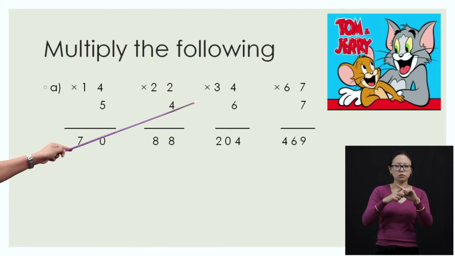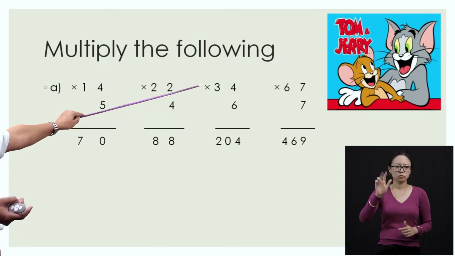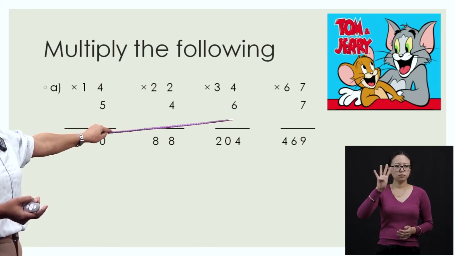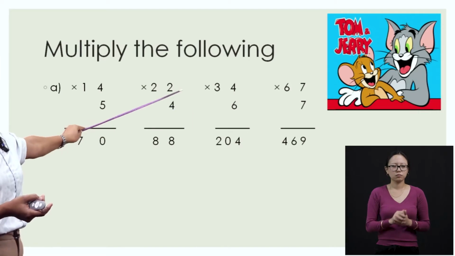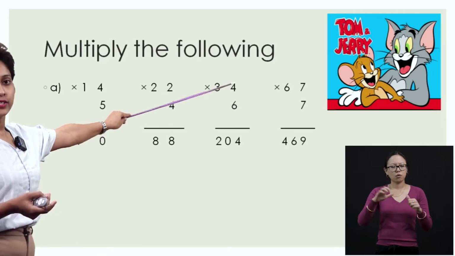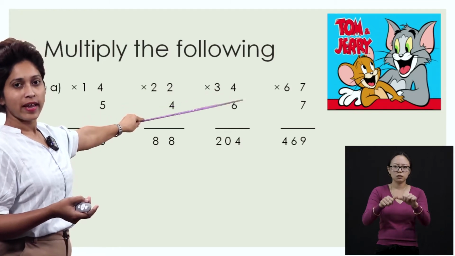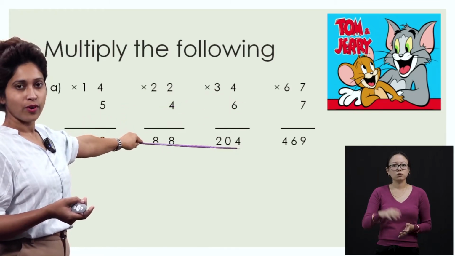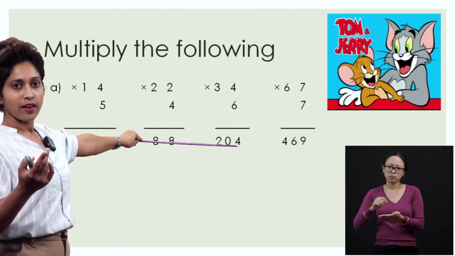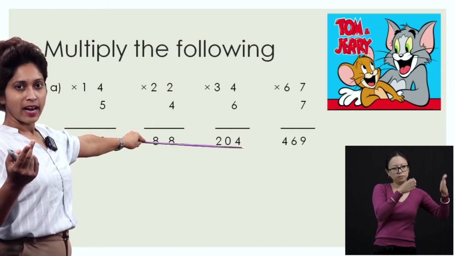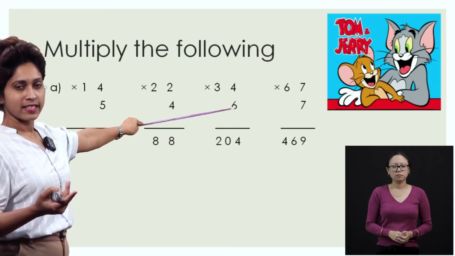Then next you have 34 multiplied by 6. Now, you all know that 6 into 4 is 24, right? So 24, you need to write here 4, and then you have carry 2 along with you, right? So now 6 into 3.